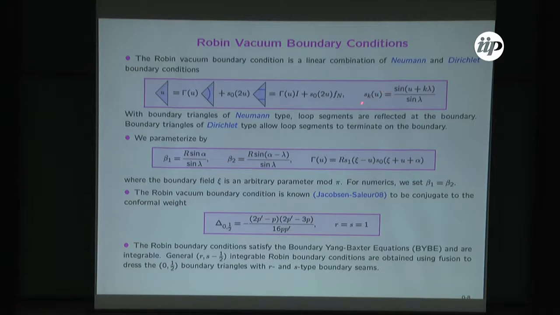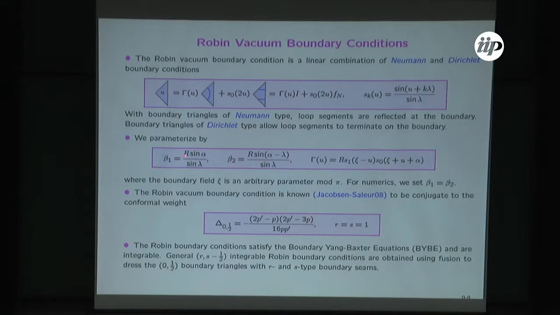So we introduce this trigonometric function, gamma of u. This is not the gamma function. This is a special trigonometric function, a special weight we have to give to the first boundary triangle so that this is an integrable boundary condition satisfying the boundary Yang-Baxter equation. It's very convenient to reparameterize everything in terms of trigonometric functions, and then beta 1, beta 2, and gamma can be written this way.